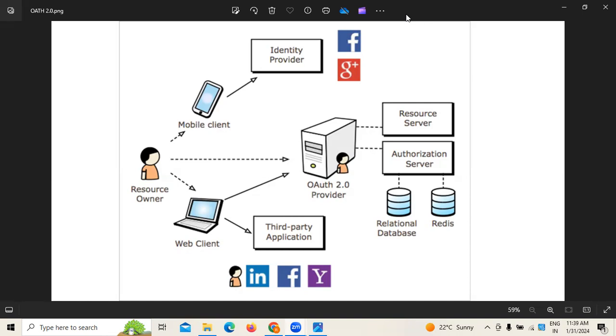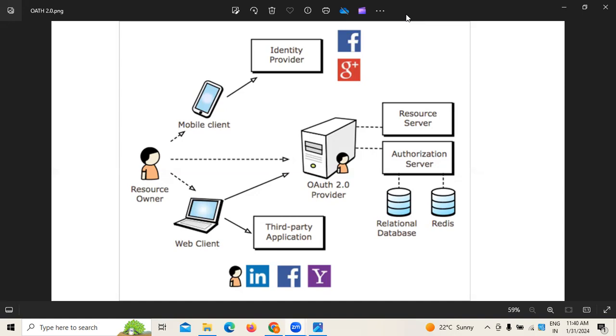Understood? Clear? The first one we discussed was resource owner. The one we are discussing now is resource server. Generally, whenever we are implementing these services, all the services have resources, and to manage as well as protect these resources, what we require is called a resource server.